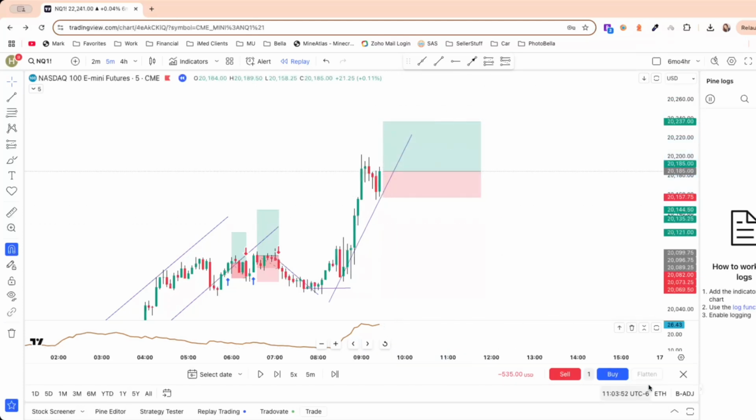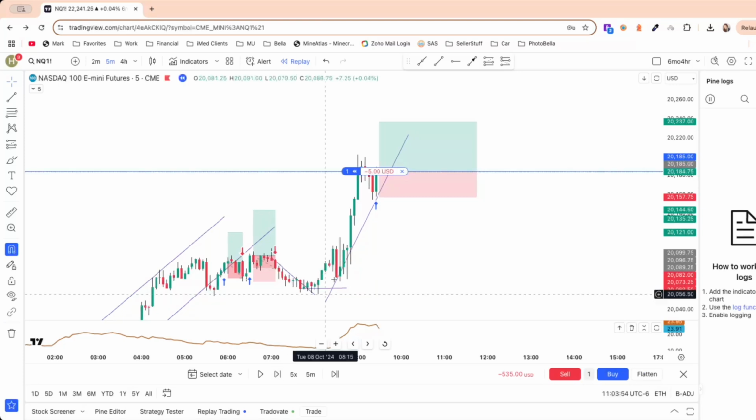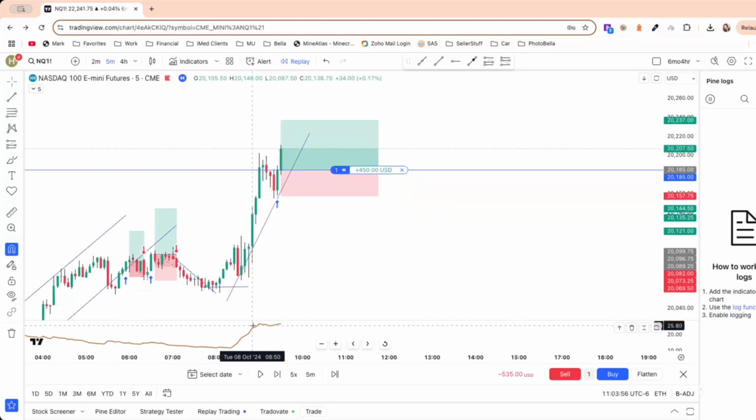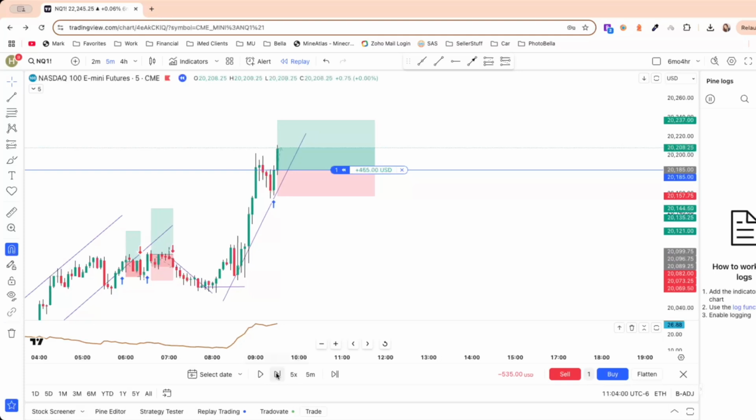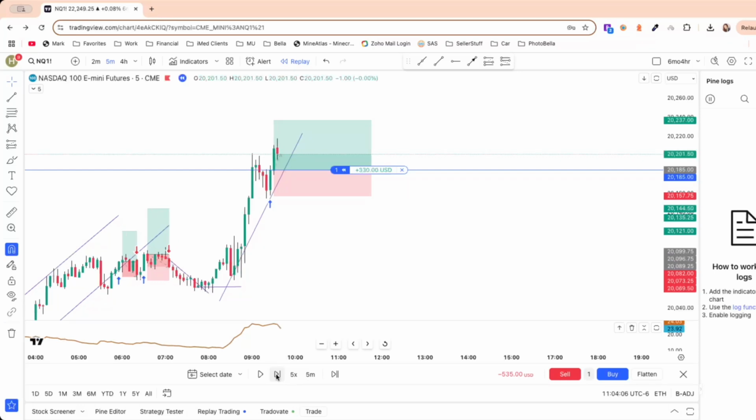But I think that's possible. Let's see. Okay. I want to close there because that's good enough for me. Yep. Okay, now I'm going to flatten there. That one was it. Let me write that price down.